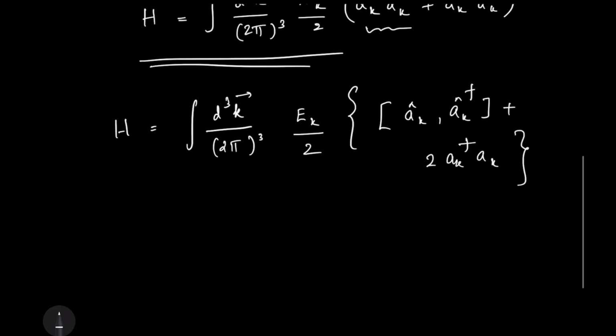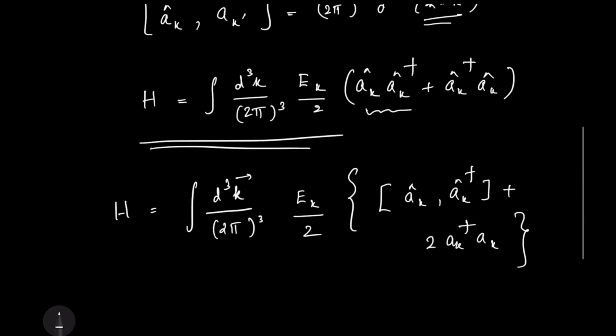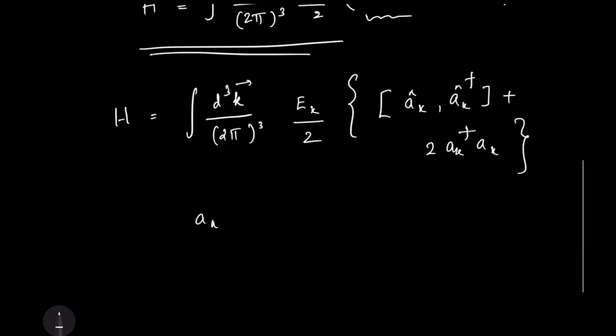That's the 2 outside. I can replace a_k a_k† with the commutator of a_k and a_k†, because when I have the commutator of a_k and a_k†, this will be a_k a_k† minus a_k† a_k.